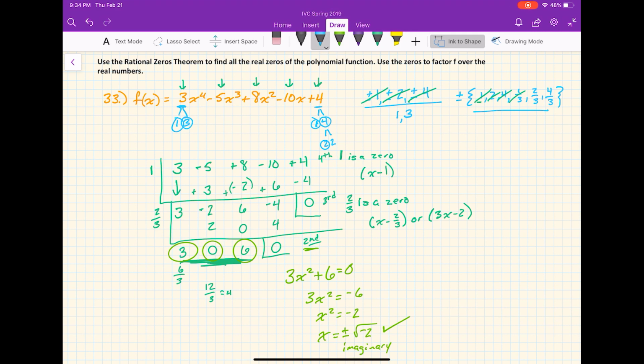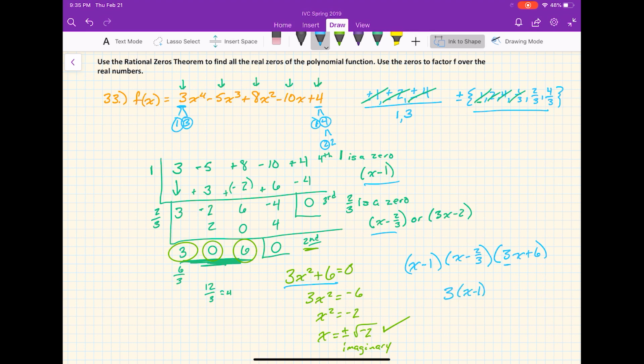So basically what that means is I take this x minus 1, and I take either one of these guys, I'm just going to take this one, x minus 2/3. And then I'm going to take my 3x squared plus 6. And that is my simplified function here. But I should factor out this 3.